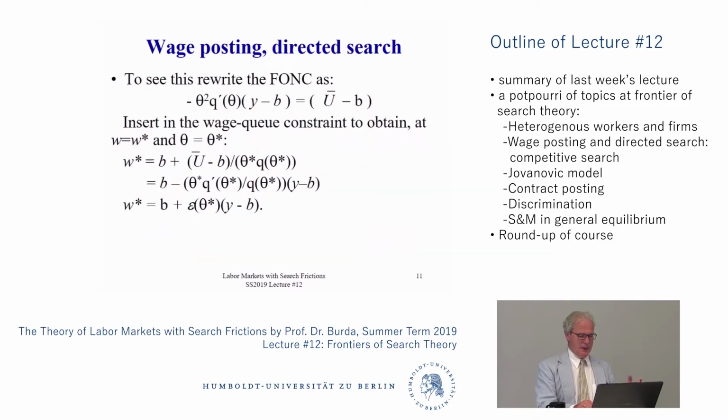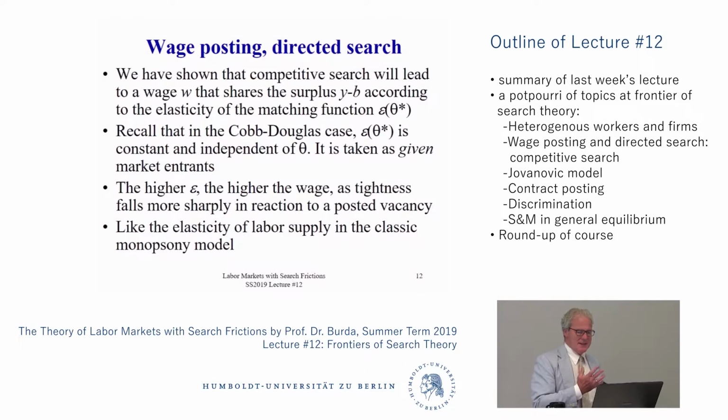I'm just writing out the solution. This result says that we have a sharing result. If you remember the Cobb-Douglas case, this epsilon, the elasticity of the matching function with respect to vacancies, or the vacancy-unemployment ratio, is constant.